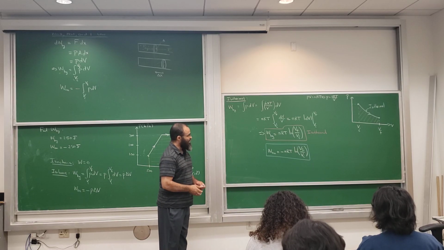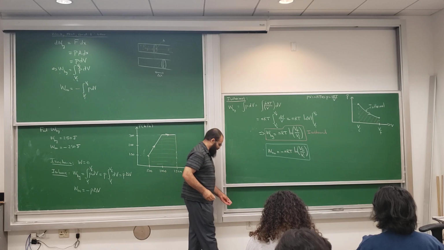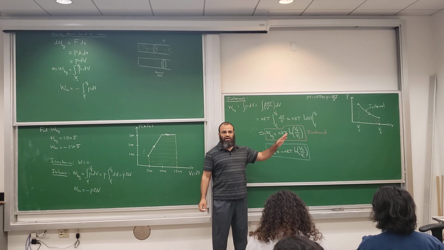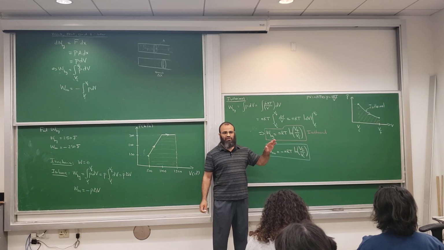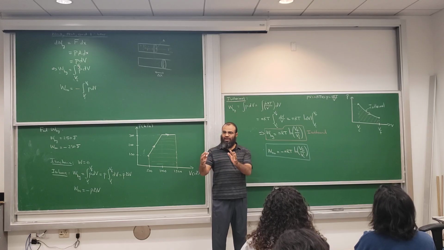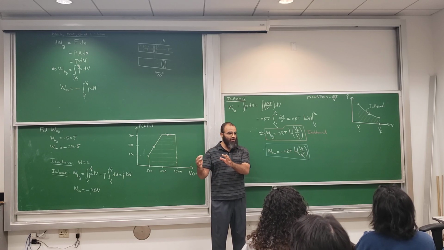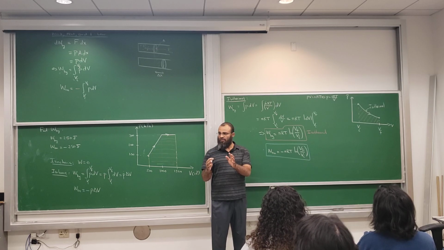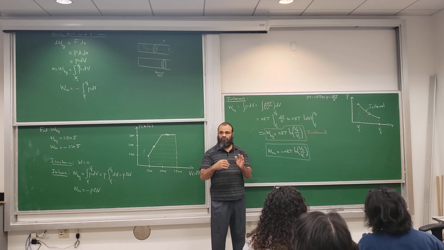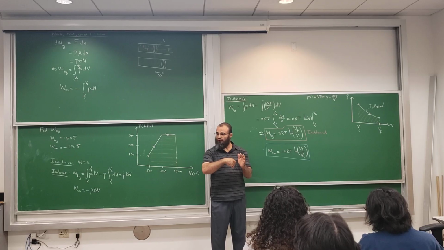Isothermal. Now, I want you to notice the natural log of something can be positive. When is the natural log positive? Ln of something is larger than 0 if that something is more than 1. And what's the natural log of 1? 0. And the natural log of less than 1 would be negative, right? It goes to negative infinity at 0.